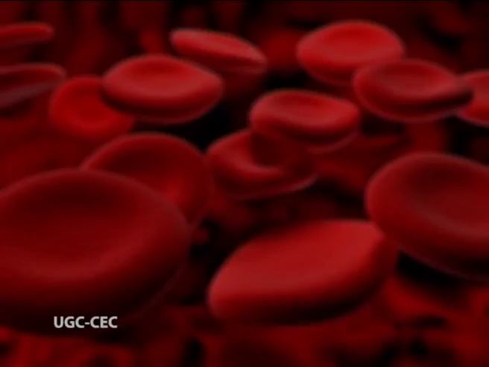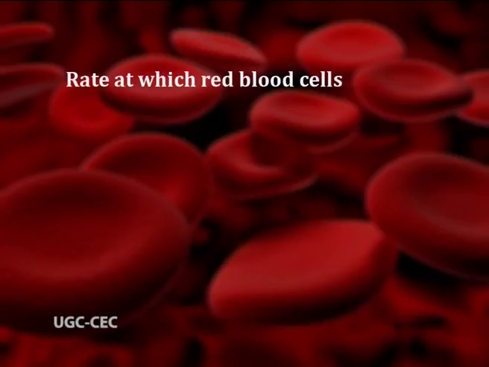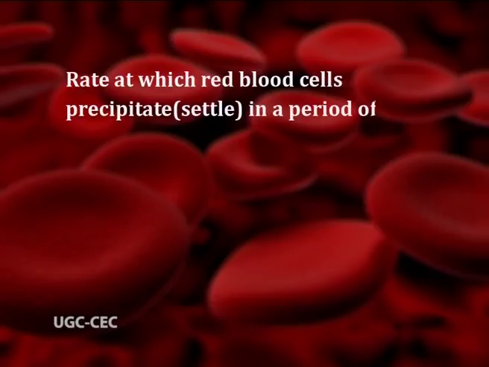Introduction. The erythrocyte sedimentation rate, that is ESR, also called sedimentation rate or SED rate, is the rate at which red blood cells precipitate or settle in a period of 1 hour. It is a common hematology test which is a non-specific measure of inflammation.